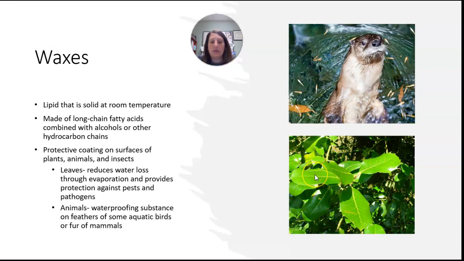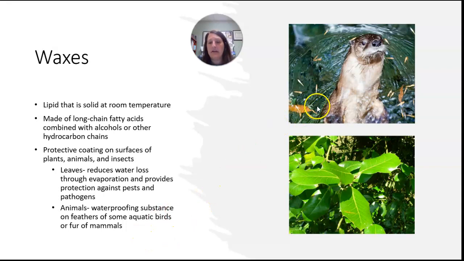This wax is going to provide a protective coating that's going to reduce water loss from the plant. And so evaporation is happening and plants could dry out pretty quickly. So this waxy layer is going to prevent water loss, and it also provides protection against pests and pathogens. So it's a nice waxy coating on the leaf.